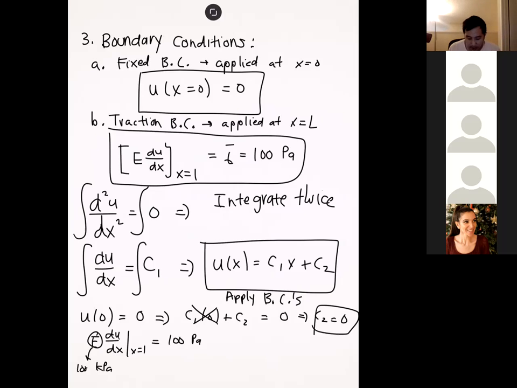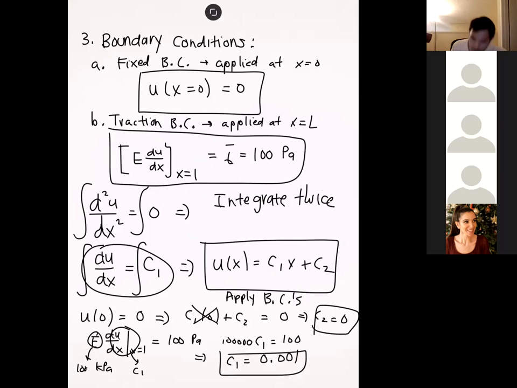And then du dx here is just going to be C1, because that's what we got from this equation right here. So what we get is 100,000 times C1 is equal to 100 pascals, and what we get is C1 is equal to 0.001.